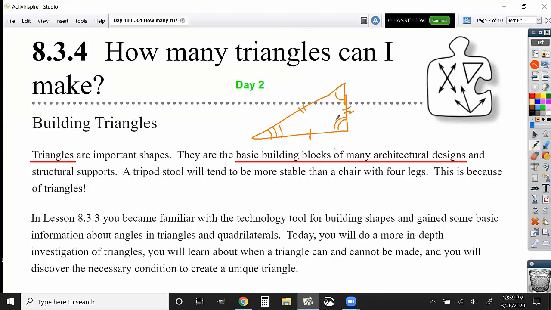If I give you any 2 of those pieces, it's not enough information to draw the same triangle.